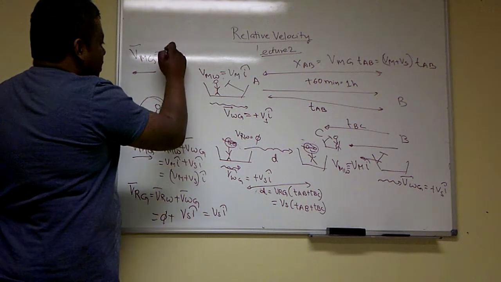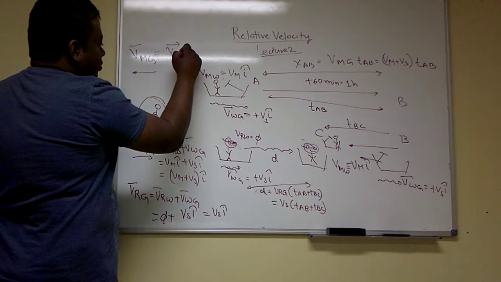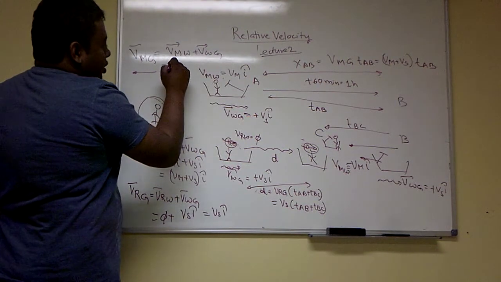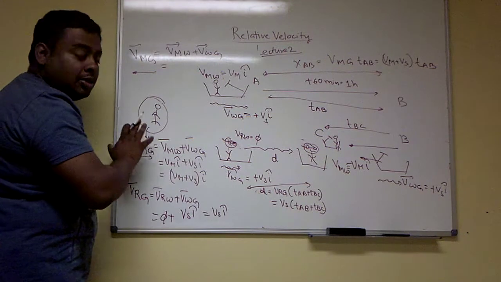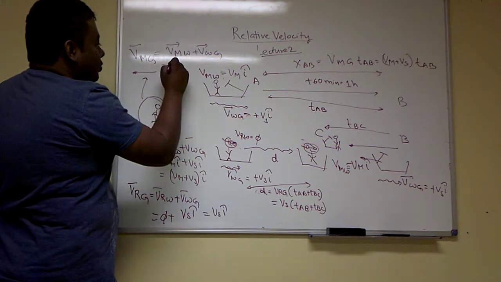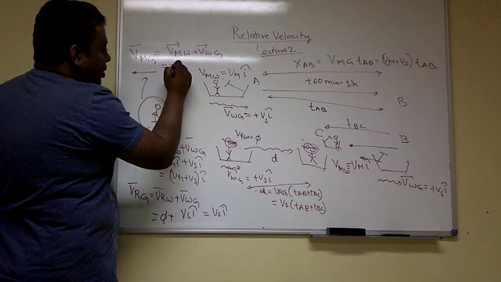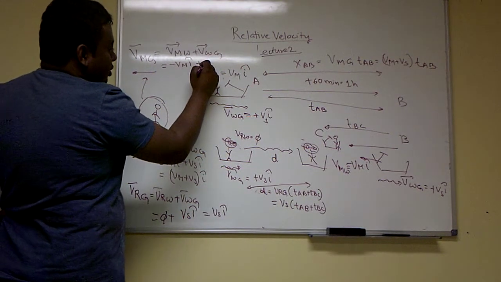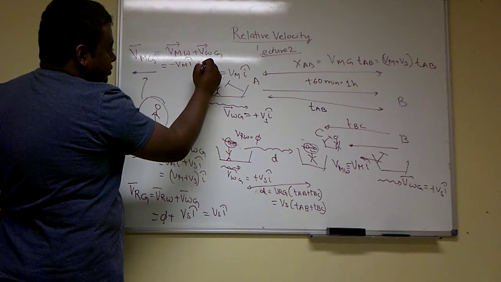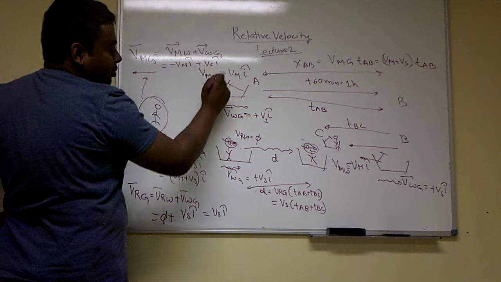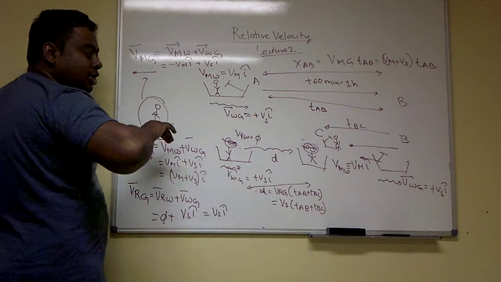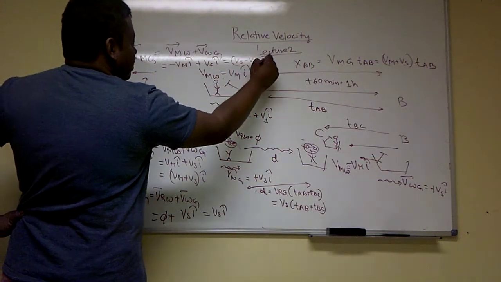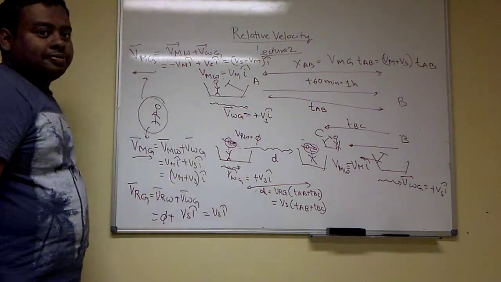So again it will be velocity of motorboat with respect to water plus velocity of water with respect to ground, and everything has to be done with respect to the same observer. So the velocity of the motorboat now is minus Vm i cap plus Vs i cap, because the water continues to be in the positive x direction. So we got (Vs minus Vm) i cap.